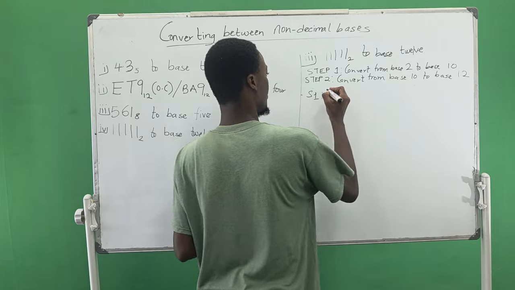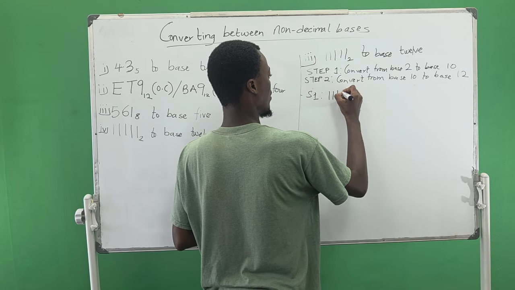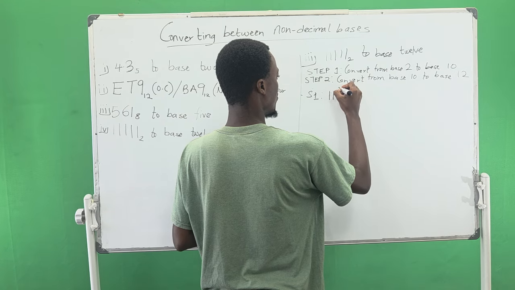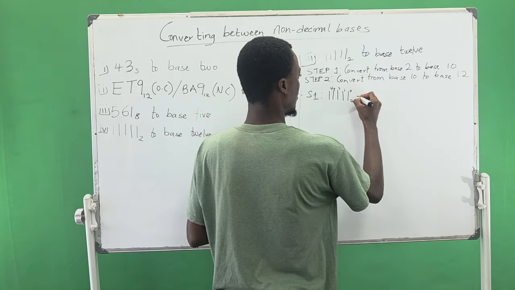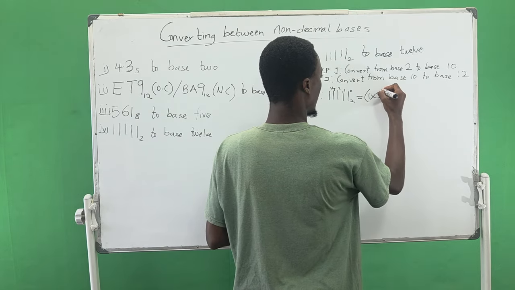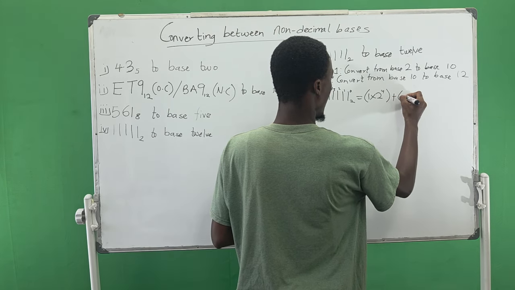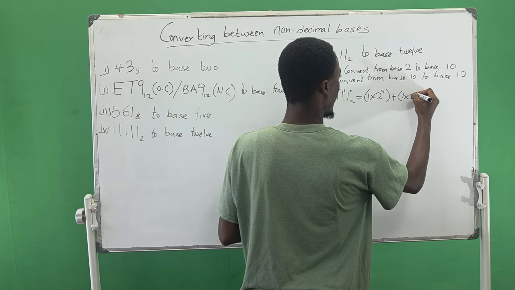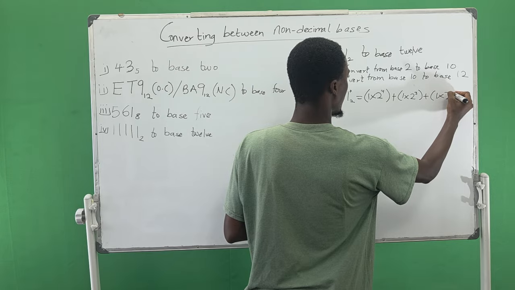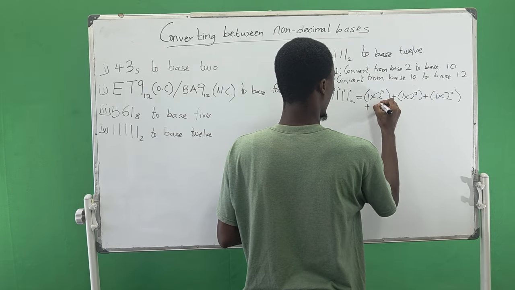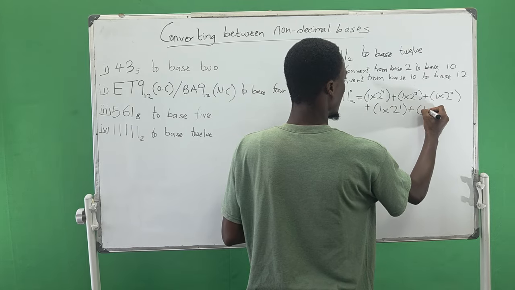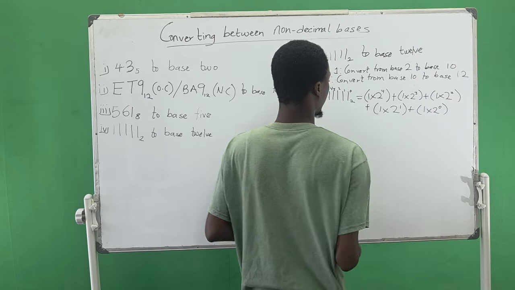So step 1. 1 1 1 1 1. So here 0, 1, 2, 3, 4. This one is equal to 1 times 2 exponent 4 plus 1 times 2 exponent 3 plus 1 times 2 exponent 2 plus 1 times 2 exponent 1 plus 1 times 2 exponent 0.